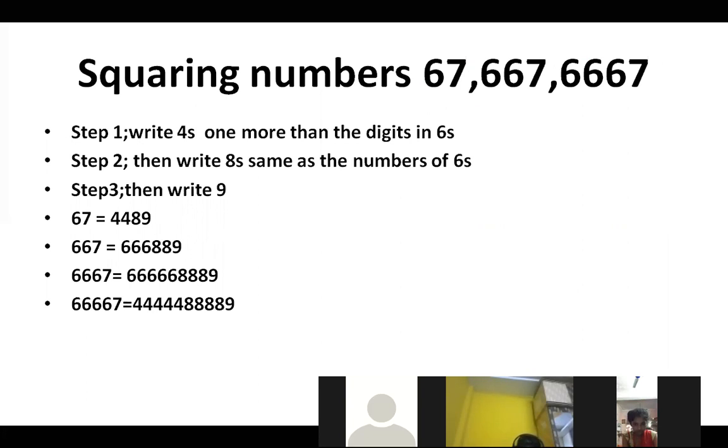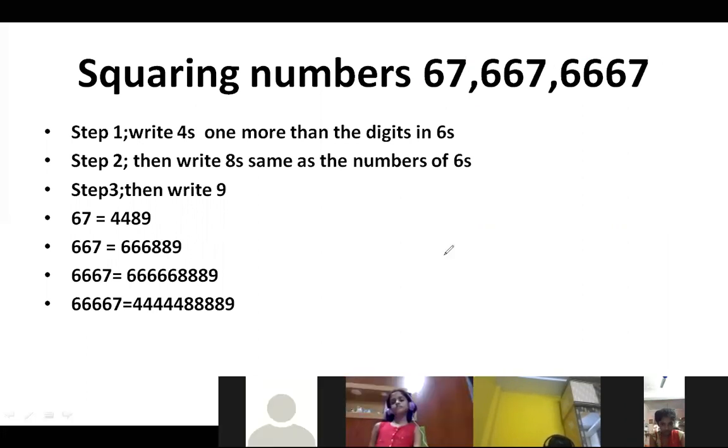Squaring numbers, see, all sixes but in the ones place 7. Now, how to square this kind of number? Not 67 square, 667 square. How to square this kind of numbers?